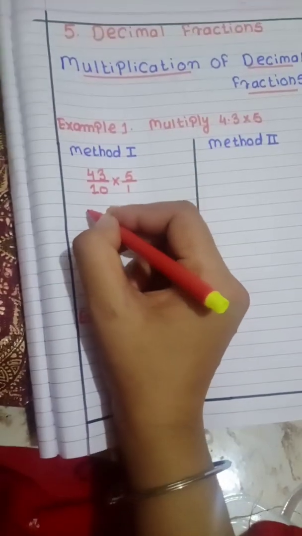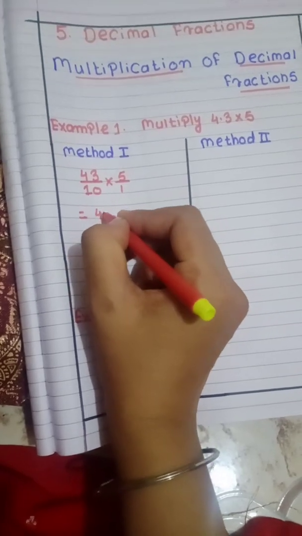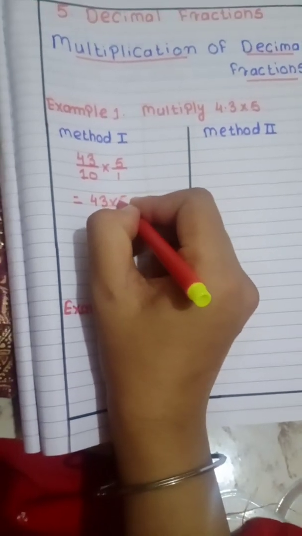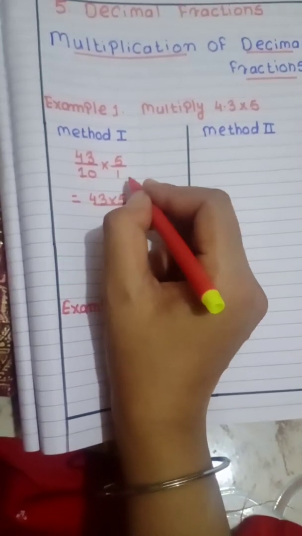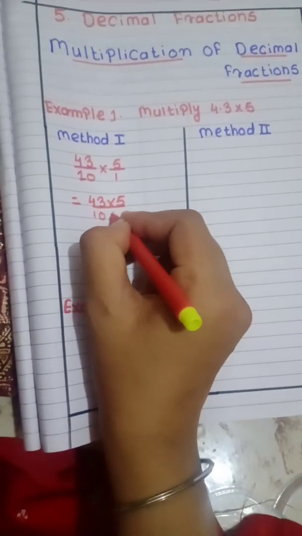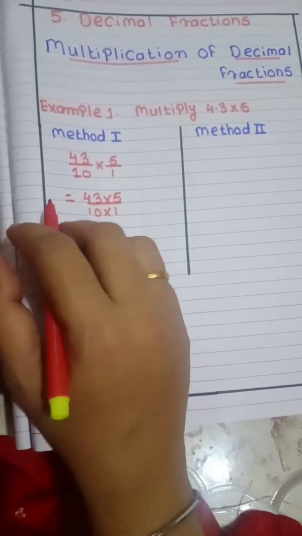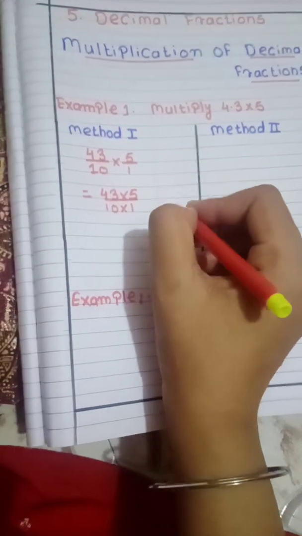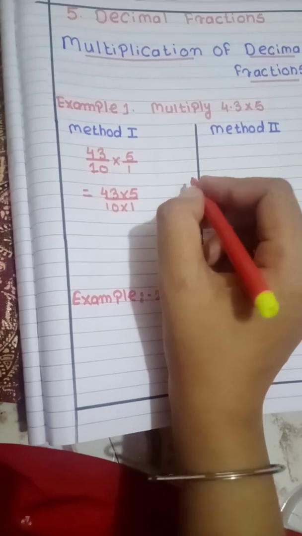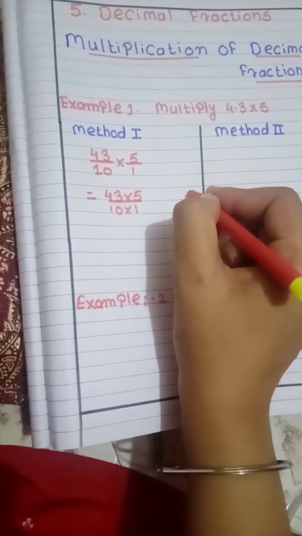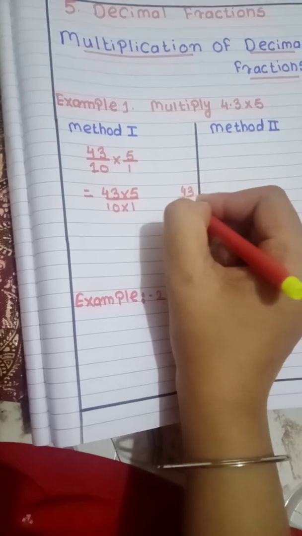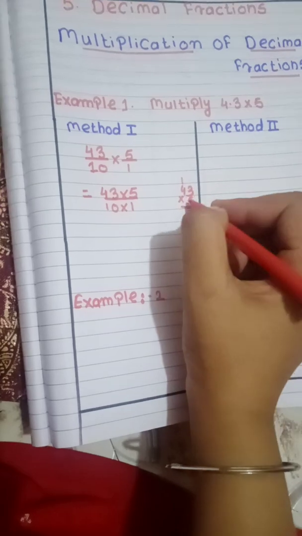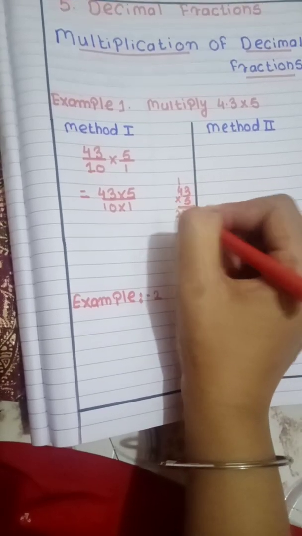Next step is 43, you have to multiply by 5, and then 10 multiply by 1. So 43 multiply by 5. 5 3s are 15, 5 I will carry 1, 5 4s are 20, 20 plus 1, 21.